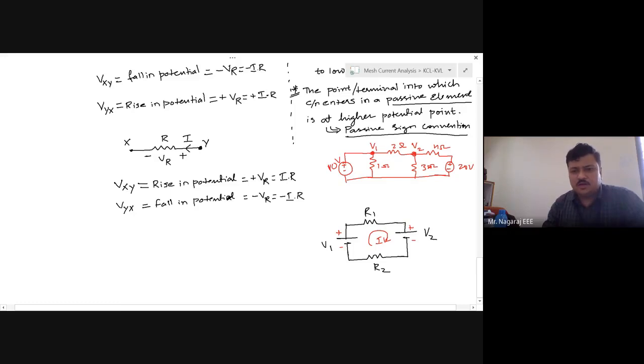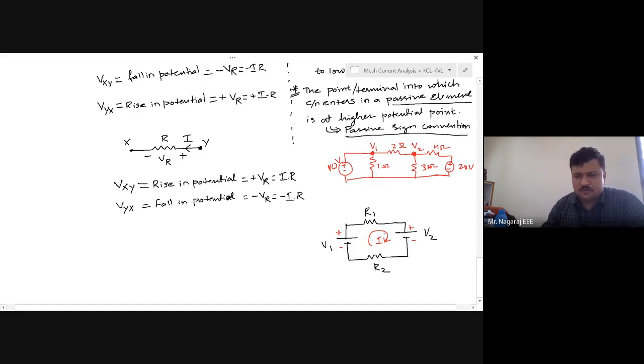So to assign polarity across passive elements, I have to assign the direction of current through them, and initially I simply assume the direction of current in any element. Irrespective of the direction of current, the polarity of active elements remains the same, whether current flows into V1 or into V2, because these are sources.